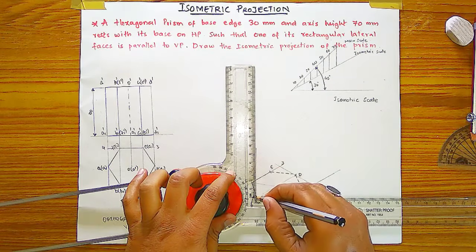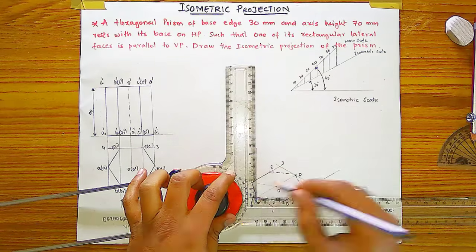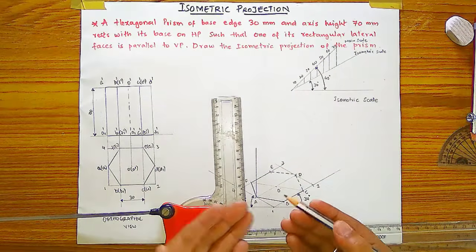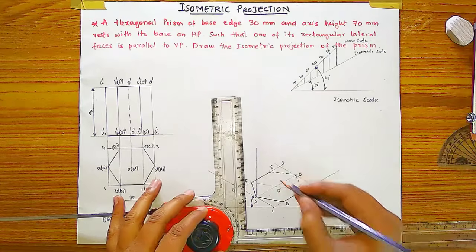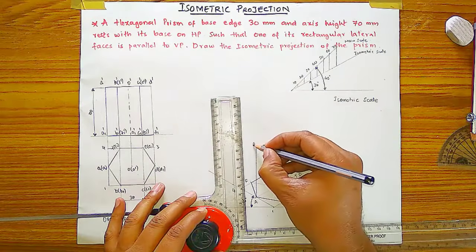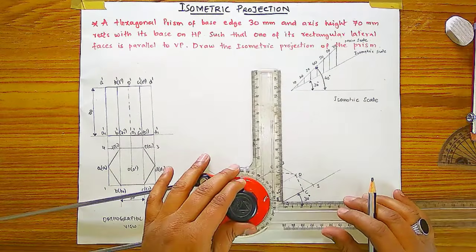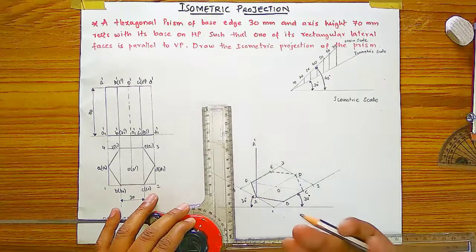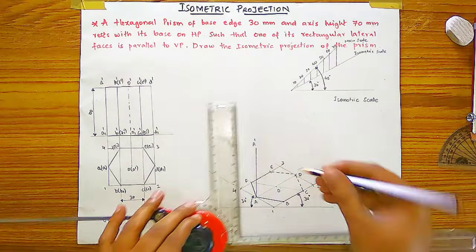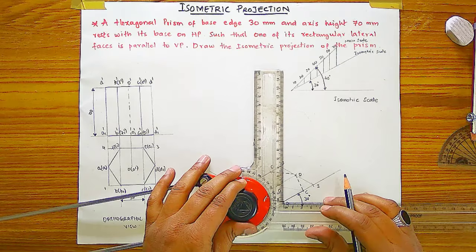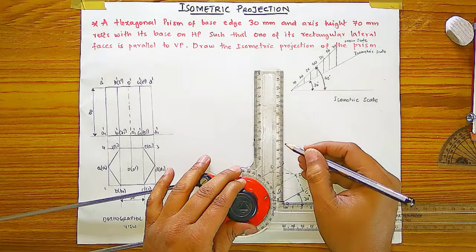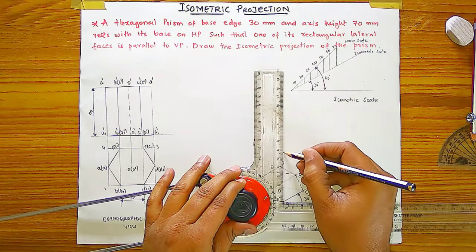From A I am drawing, it is dark because from the front this edge is visible, so I am drawing dark, and this will be A dash. And from B it is also visible from the front, so I am drawing it dark only. How much? 5.6.